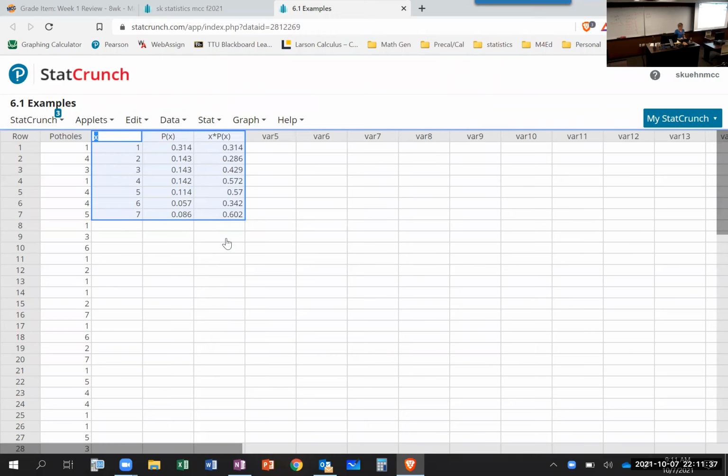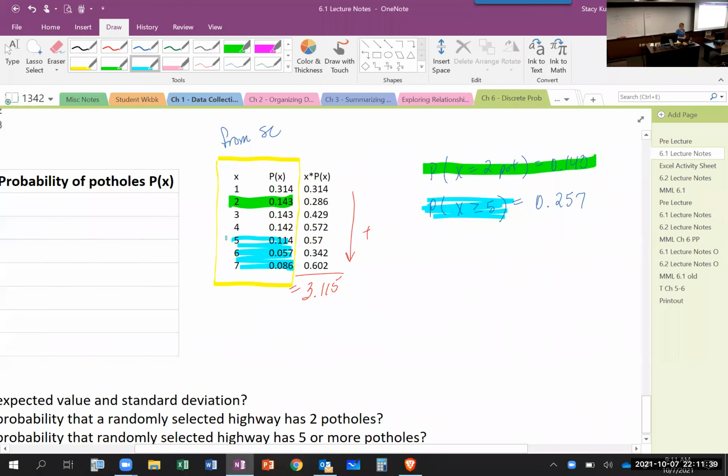Now remember, StatCrunch does not create that table of X times P of X. You create that by hand by multiplying. In essence, StatCrunch is calculating each of those individual cells, but if I wanted to ask you to do it in a single column, you would multiply by hand.